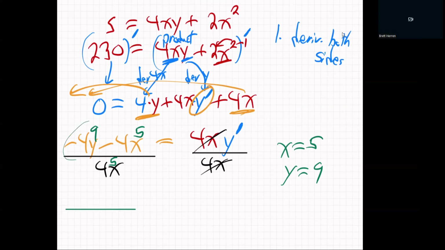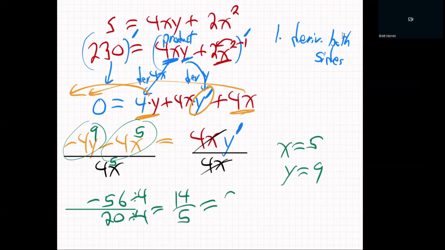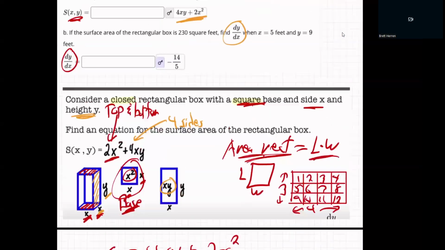Looks like minus 36 minus 20 is minus 56 over 20, reduced by dividing top and bottom by 4, it'd be minus 14 over 5, or you can give a decimal, it'd be 2.8, I think.